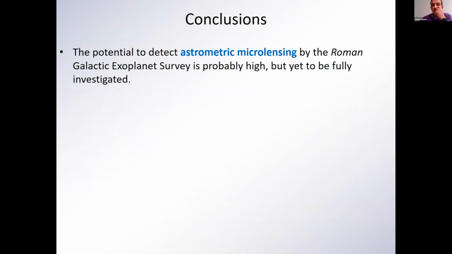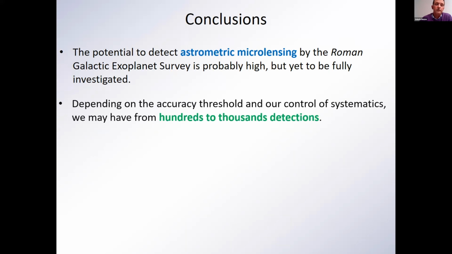So coming to the conclusion, as we see, the potential of astrometric microlensing by Roman is very, very interesting. In principle, with the large number of measurements and the dense sampling of Roman, we can detect astrometric signals. But in order to do that, of course, we need to have full control of systematics. Otherwise, things wouldn't go very well.